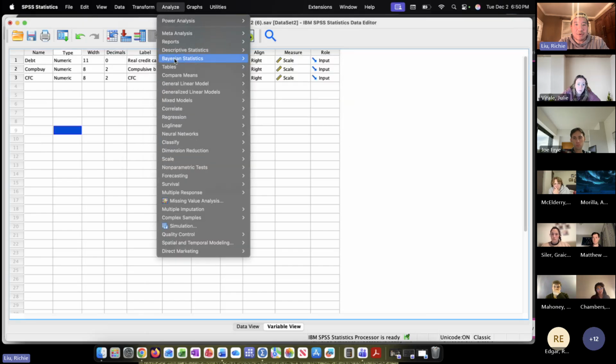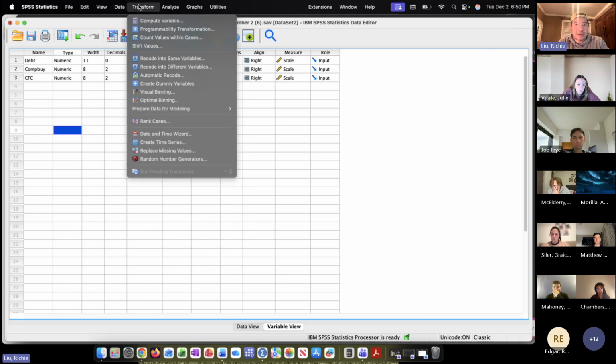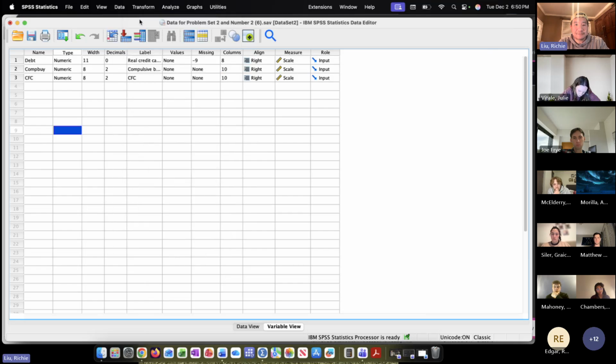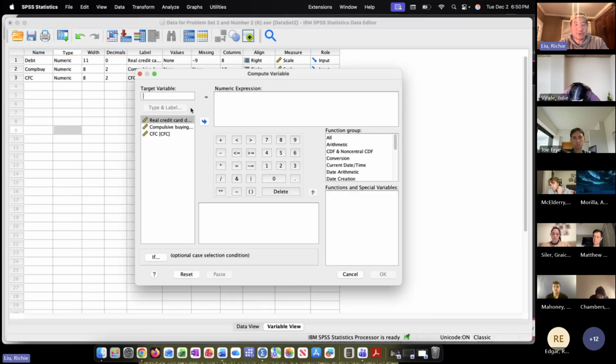Let's go ahead and go to compute variable. And then I'm going to do comp buy, let's call it MD, for mean deviated, call it whatever you want. I'm going to throw that variable in, and I'm going to subtract the mean, which is 2.2934.